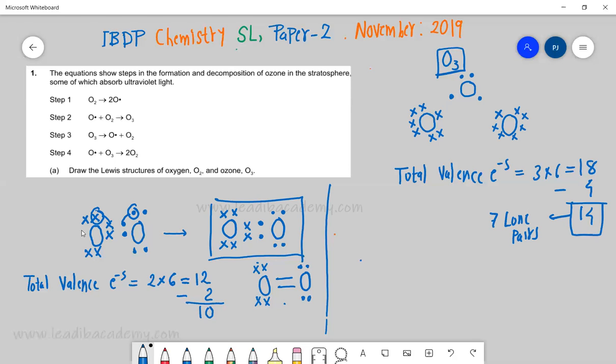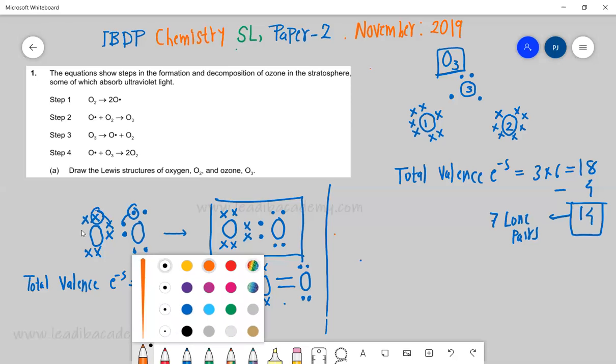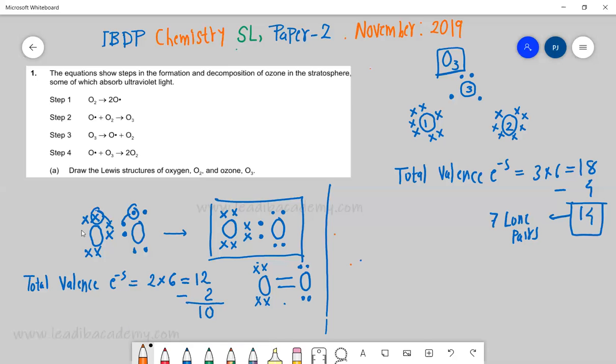So you can clearly see that oxygen number 1 and number 2 are completing the octet, but the poor number 3 has a shortfall. It has only 6 electrons. So what we can do is put 1 lone pair into this to form a double bond.